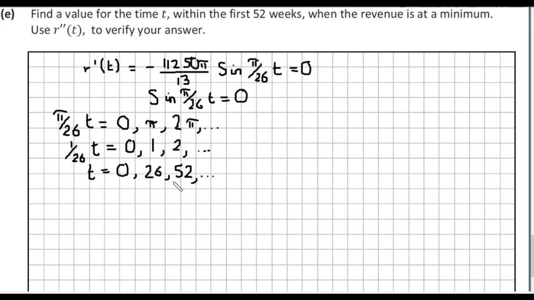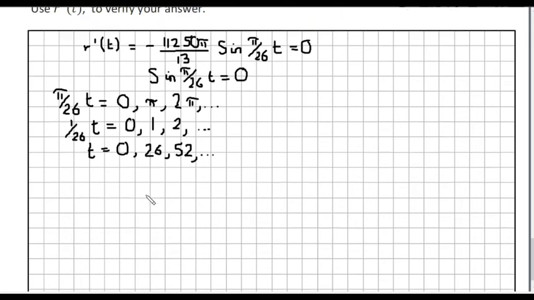So now we use our second derivative. At a local minimum, the second derivative is positive. So we differentiate our first derivative again.